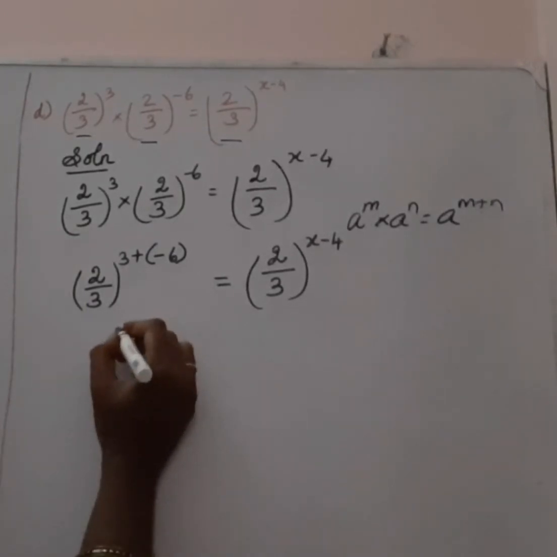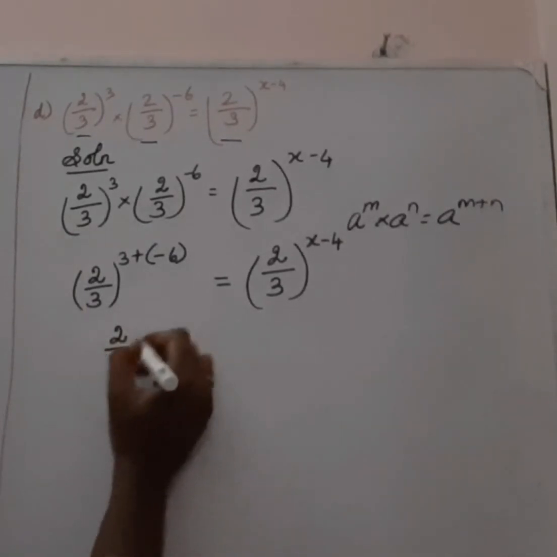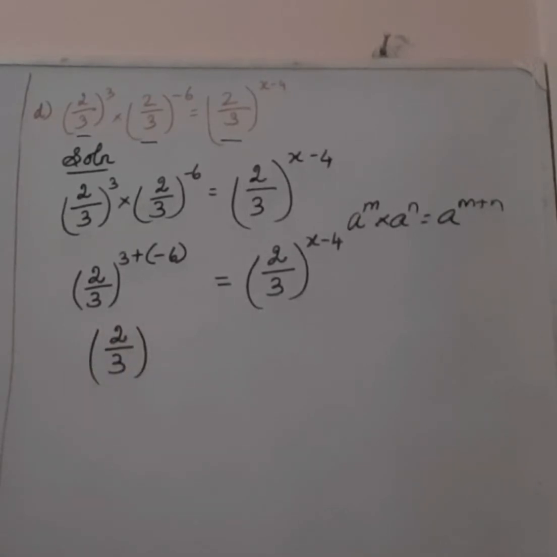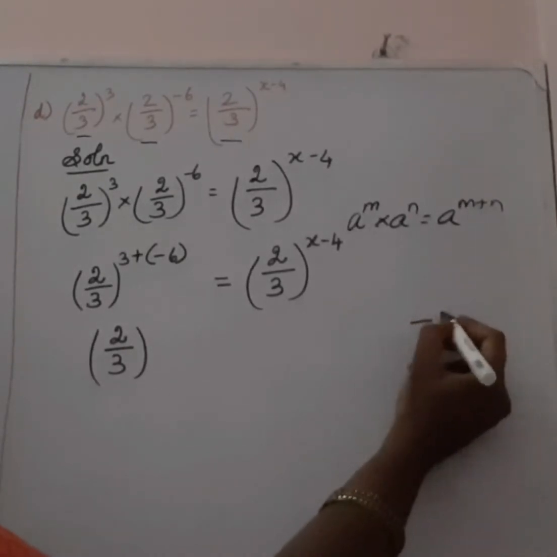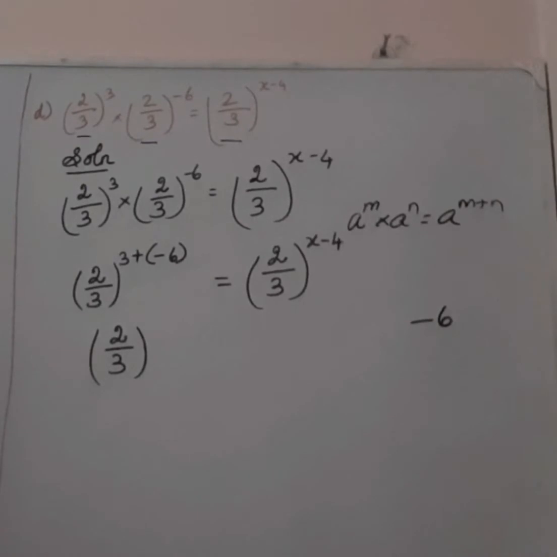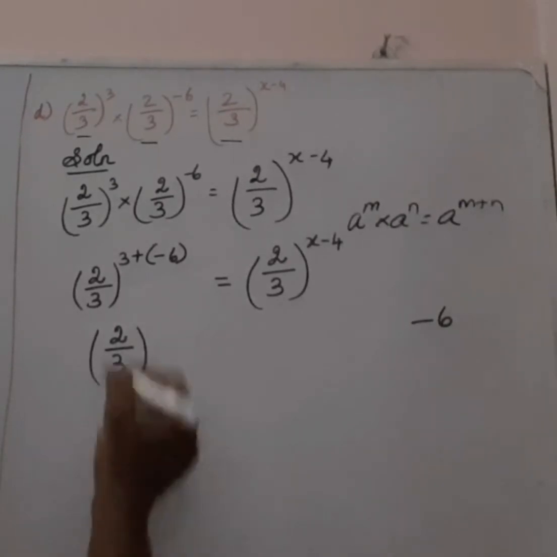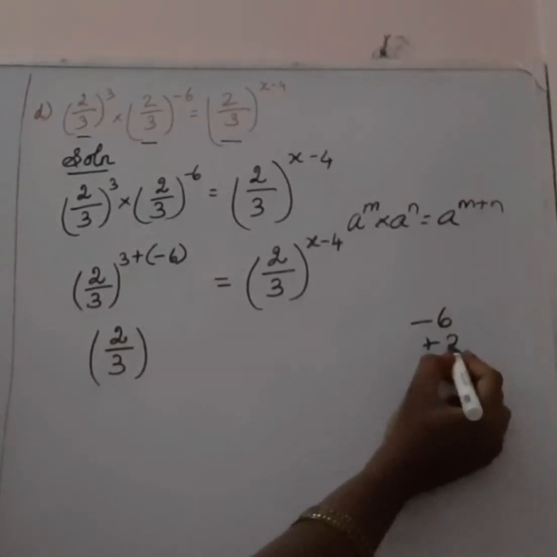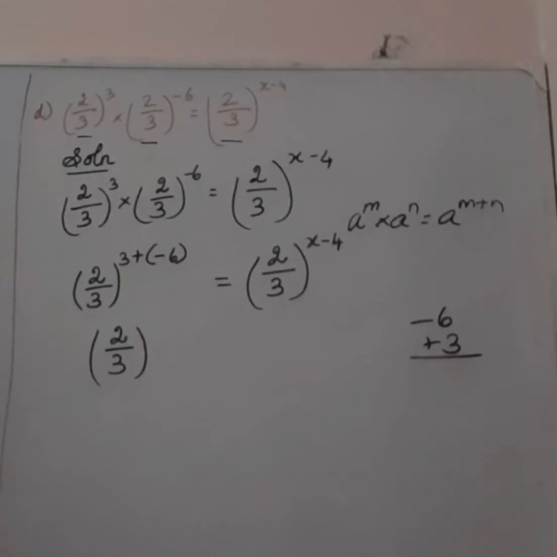Now, in 2 by 3 the whole power, one number is positive and the other number is negative. So what's the operation we want to do here? Subtraction. Now minus 6, the greatest number is 6 that has the symbol minus. So minus 6 and plus 3, we want to subtract both.